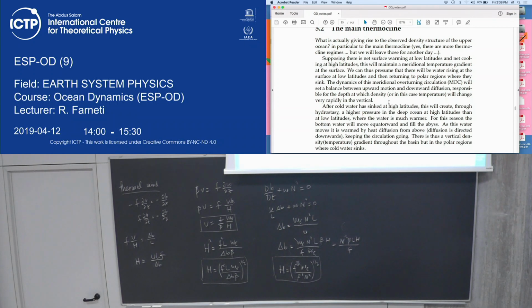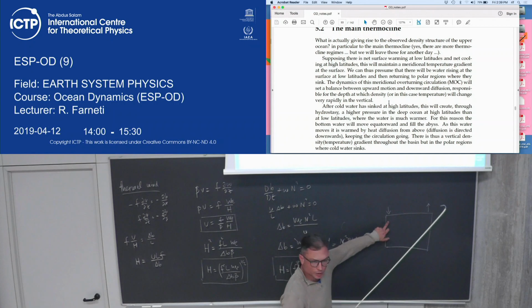Okay, so we can thus presume that there will be water rising in the low latitudes. Okay, so this is Z. You have net warming here, and you have net cooling here. So you then presume that there will be water rising at the surface.